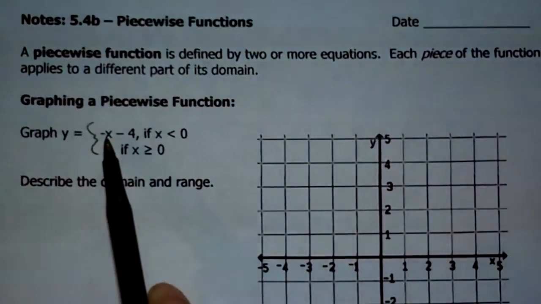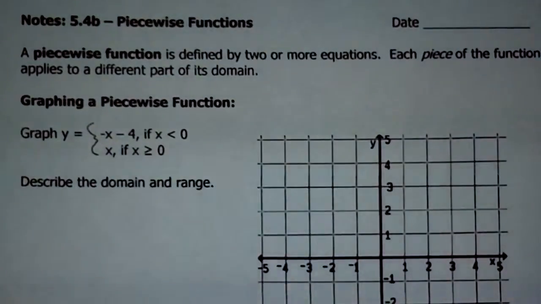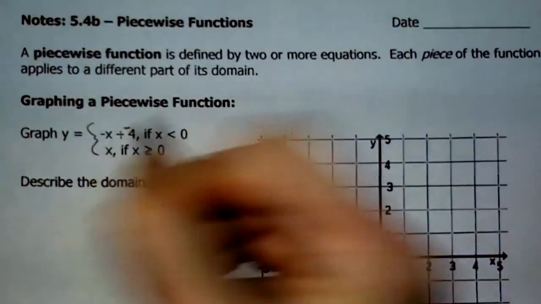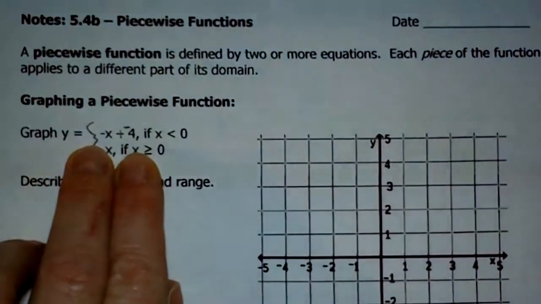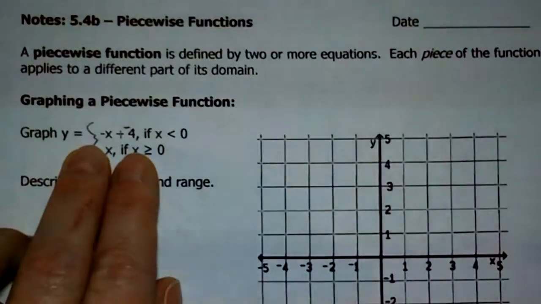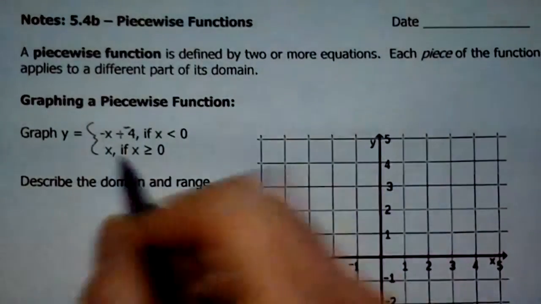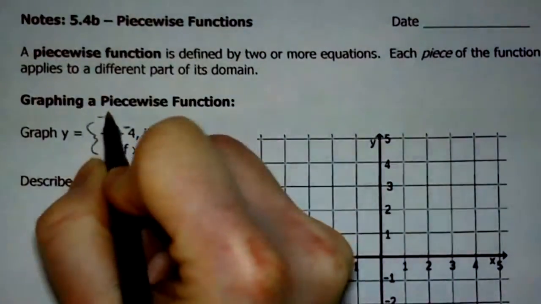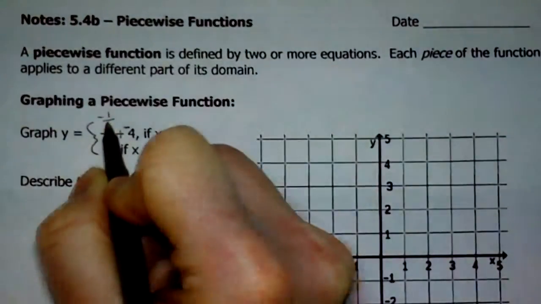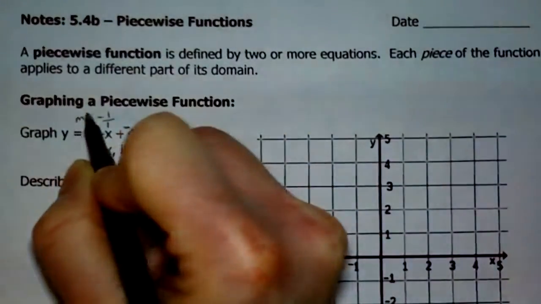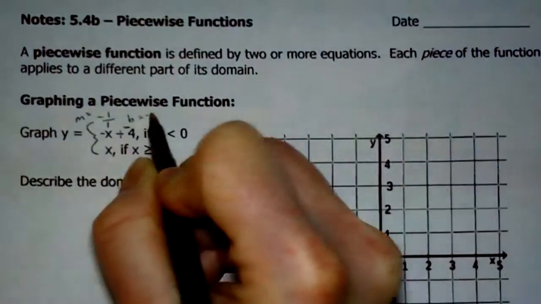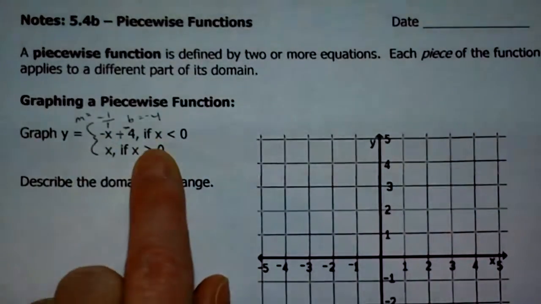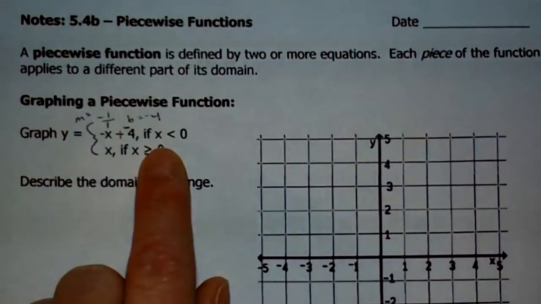So when we're graphing y equals negative x minus 4, you would notice that the b is negative 4, and the slope, remember when you just have a negative x, it means negative 1, and the run would be 1. So I know my m is negative 1 over 1, and my b is negative 4. It says this is only true if x is less than 0.